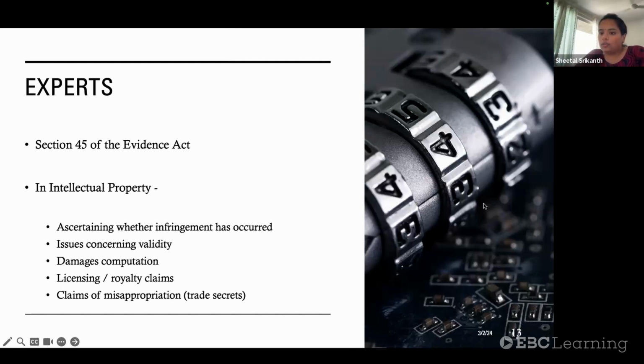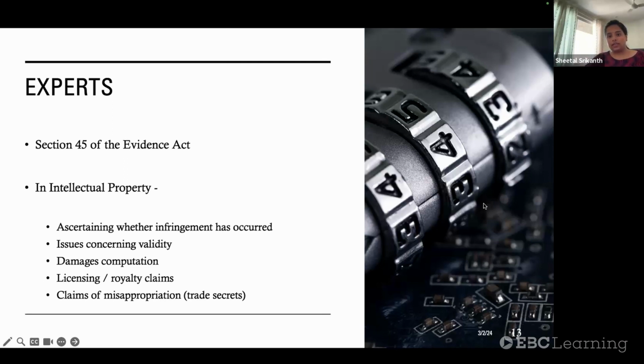Now, there are a lot of situations in which these reports become self-serving because they are filed by parties, experts who are commissioned by the parties themselves, right? So in that case, the court even has the power to call for a third party expert and ask whatever doubts the court has in order to come to a conclusion of whether there is infringement or not.